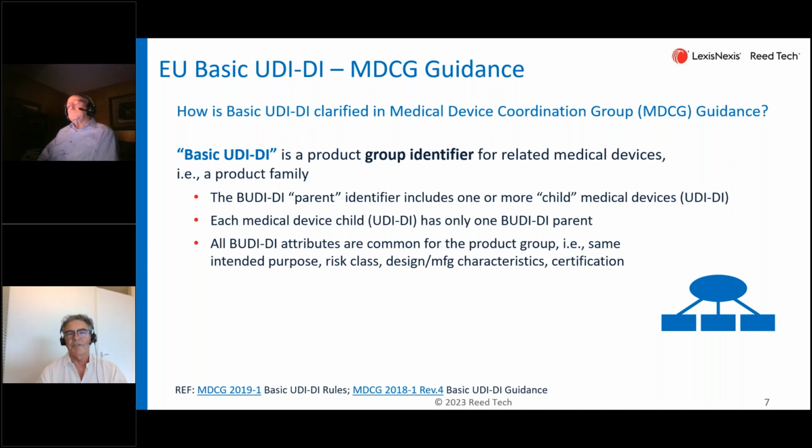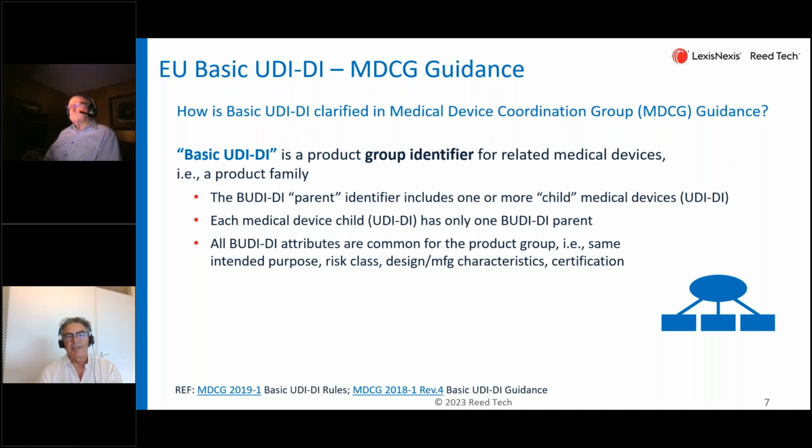Yeah, you can find some more detailed explanation about what is a basic UDI. So the basic UDI groups devices with the same intended purpose, the same risk class, the same essential design and manufacturing characteristics. That's what you can find there. And I'll address what that means further in this presentation.